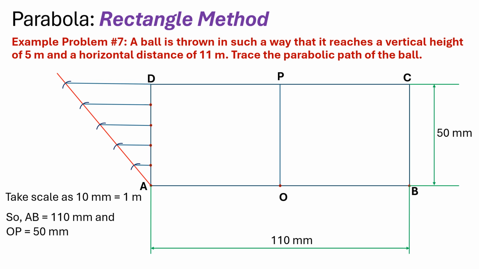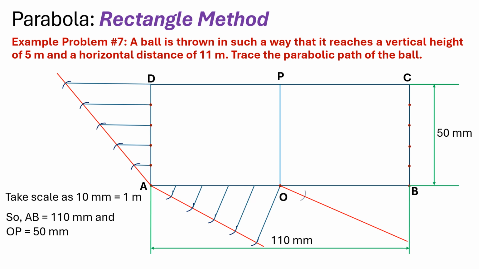Now we transfer these points on side BC so that we do not have to divide BC separately. So when we transfer these points, we get these points on BC. Now next is to divide AO and OB into the same number of parts as we have divided AD. So for this one, we draw this line, take 5 arcs of equal radius on this one, and then join the last one with O and draw parallel lines from the remaining points.